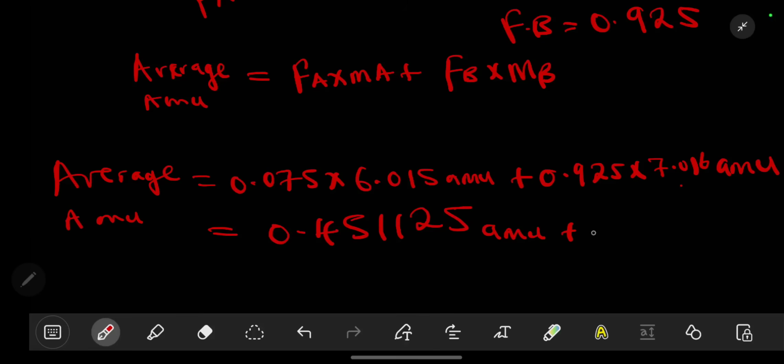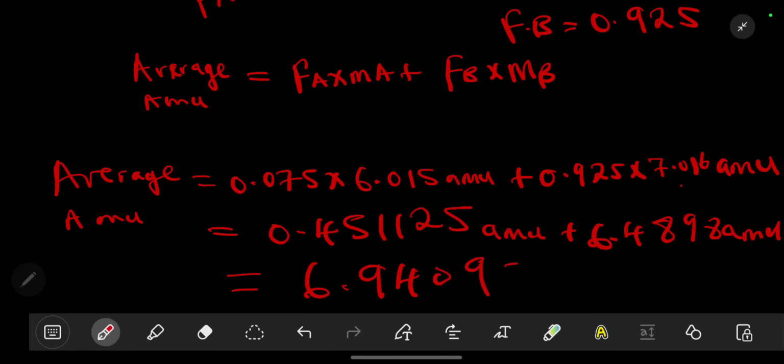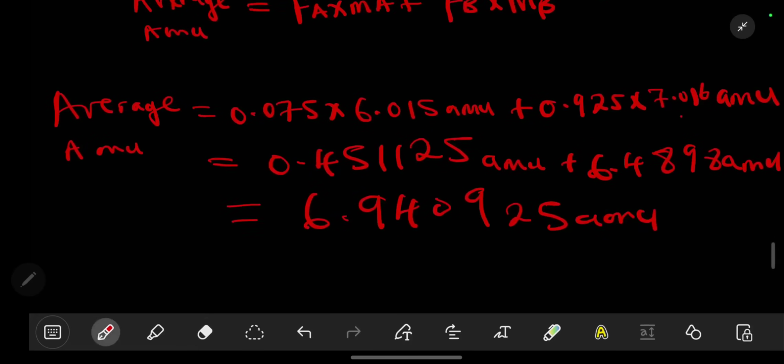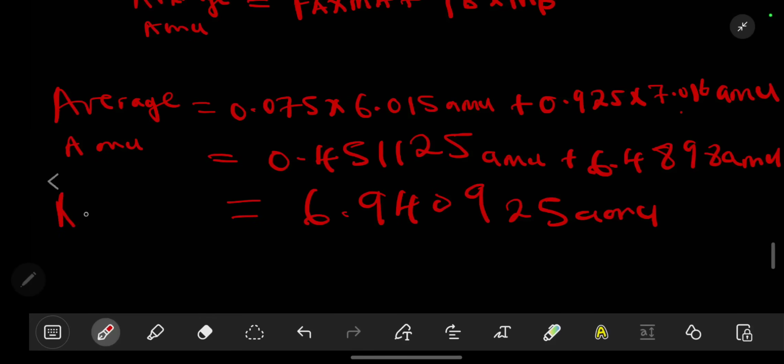This is going to give us a value of 6.4898. So when we add these two, we get 6.4898 plus 0.451125. This is going to give us a value of 6.94095 atomic mass unit. So this is the average.